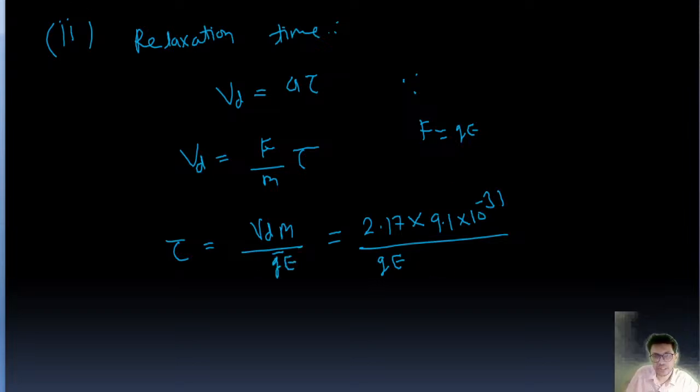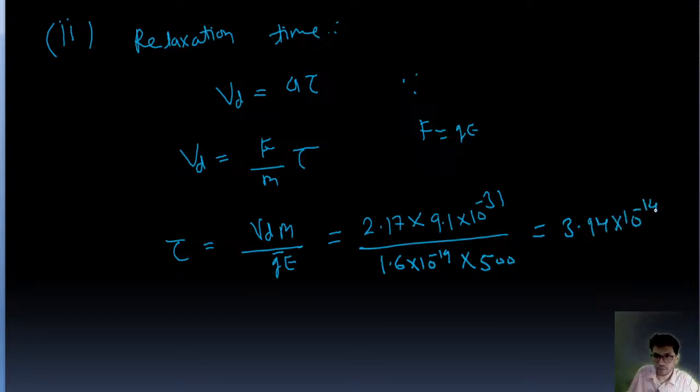Q is the charge of the electron, 1.6 into 10 to the power minus 19, and E is the electric field, 500. If we solve it, this value is going to be 3.94 into 10 to the power minus 14 second. So this is the relaxation time.